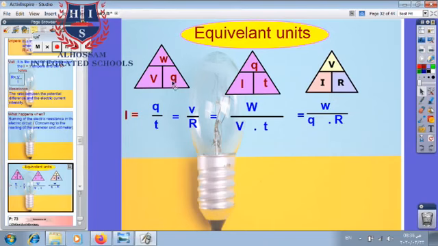Final part in our lesson today, what's meant by the equivalent units. We know that the rule of I equals Q over T. We have other rules for I. Here you have 3 triangles of the 3 rules that we have studied in this lesson.